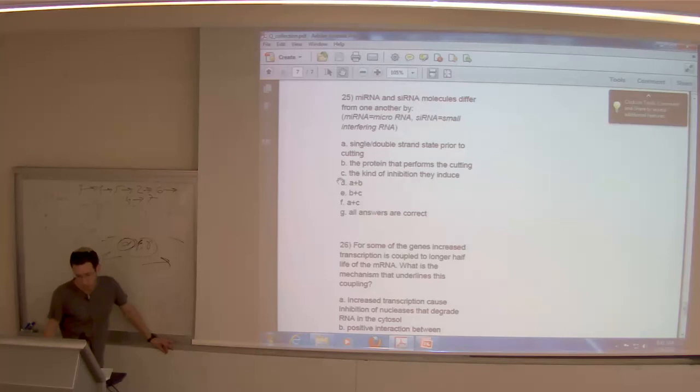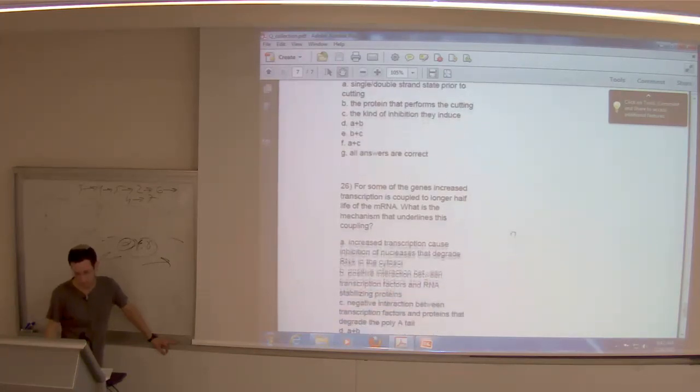And C is that they differ in the kind of inhibition they induce. One induces temporary, while the other induces permanent inhibition. One just induces cleavage of the messenger RNA, and the other induces transient inhibition by taking the messenger RNA to another dormant location in the cell or something like that. So A and C.